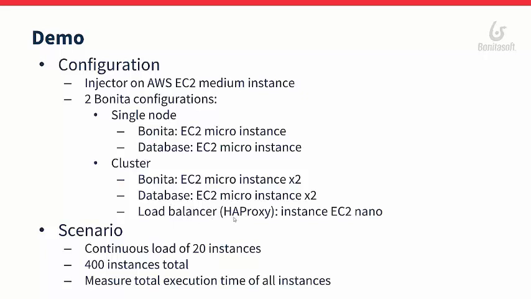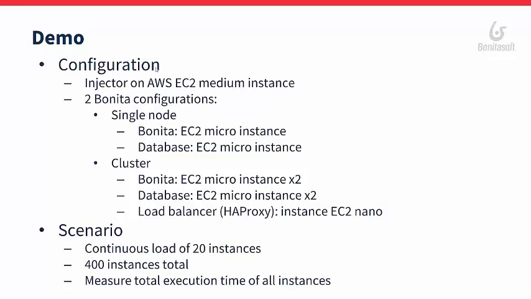Plus we add one extra instance for the load balancer, and this one is not a micro instance, it's a nano instance because the load balancer has less processing to do, so it requires less performance. And on top of that, we have a separate instance that runs a custom development to inject the load on the Bonita platform. And here we use a medium instance.